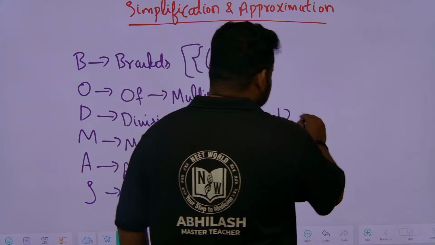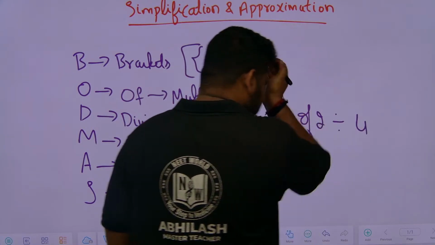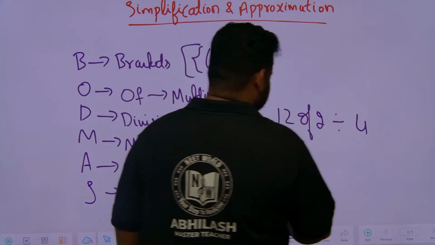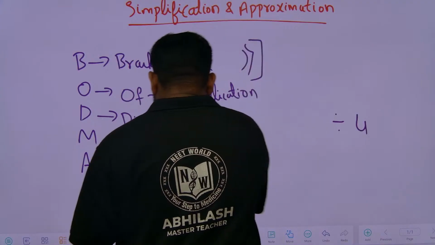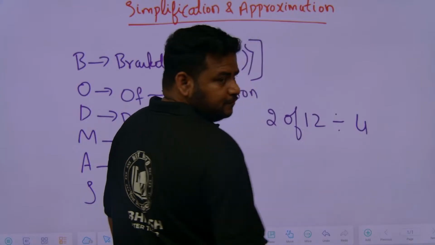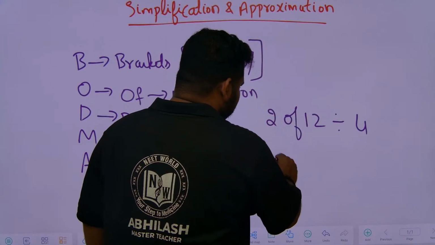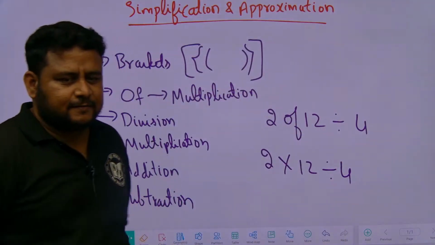Suppose I write 12 of 2 divided by 4, or if I write 2 of 12 divided by 4, what is the answer I will get?